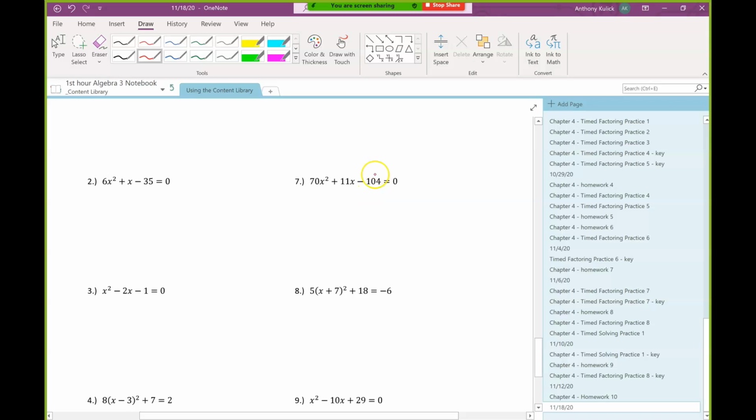So 7 is in standard form. I could do this by factoring, or I can use the quadratic formula. Now, looking at the numbers involved in 7, to factor this I'd need to find two numbers that multiply to give me 70 times negative 104 and add to give me 11. 70 times 104 is a big number, and it's going to take me a while to sift through all the possibilities.